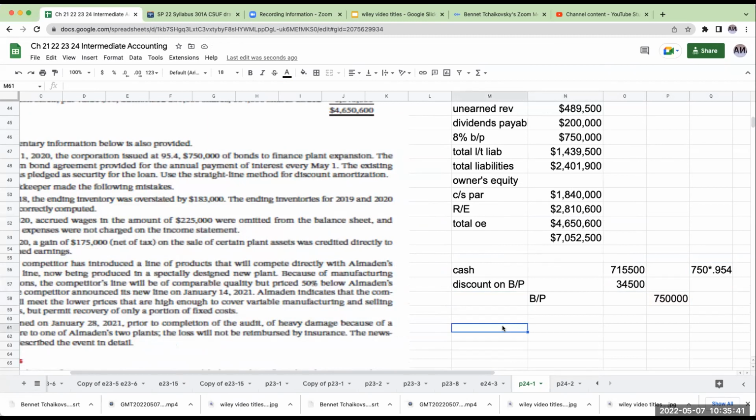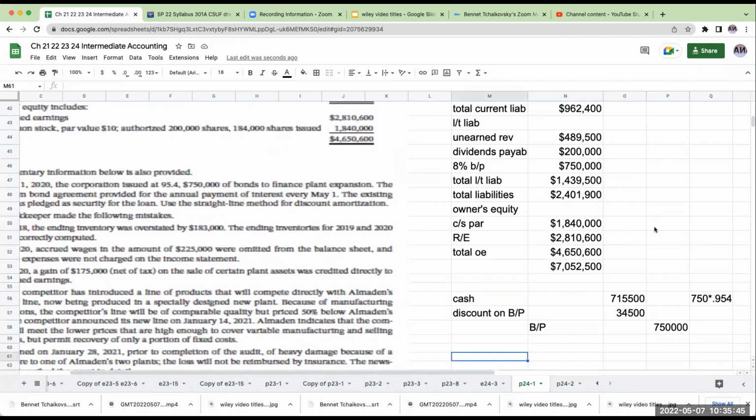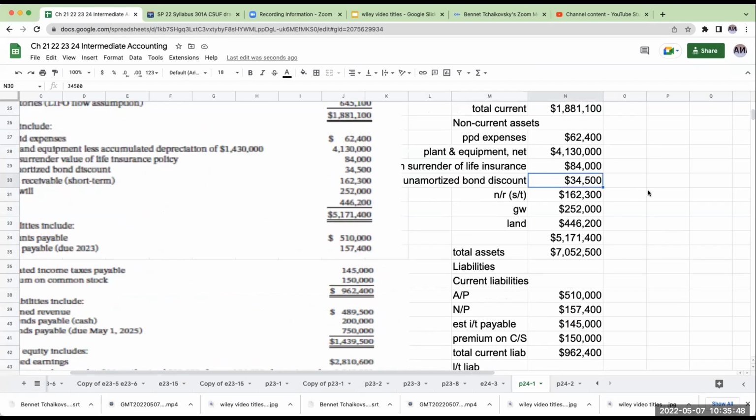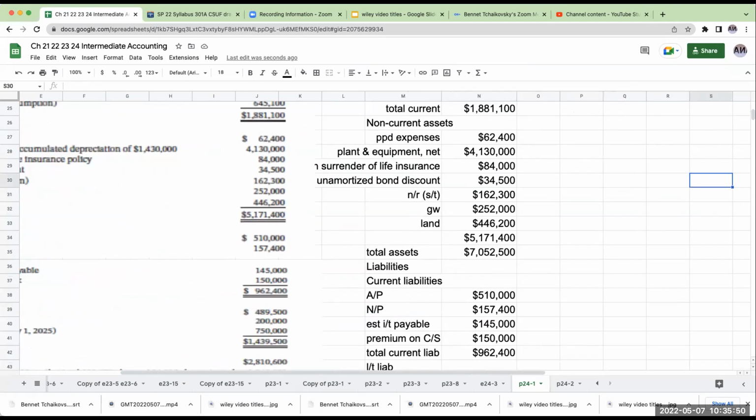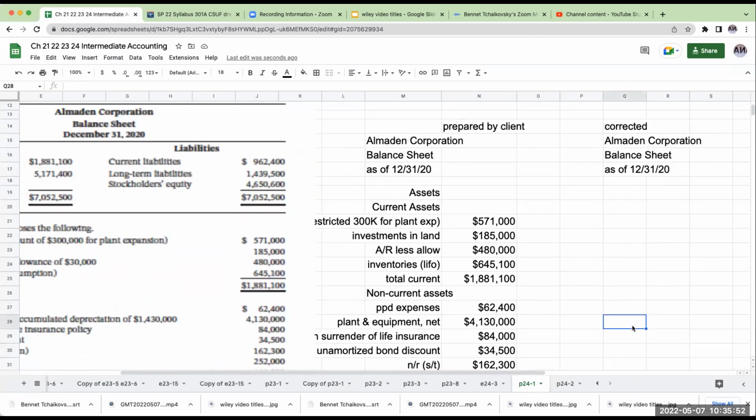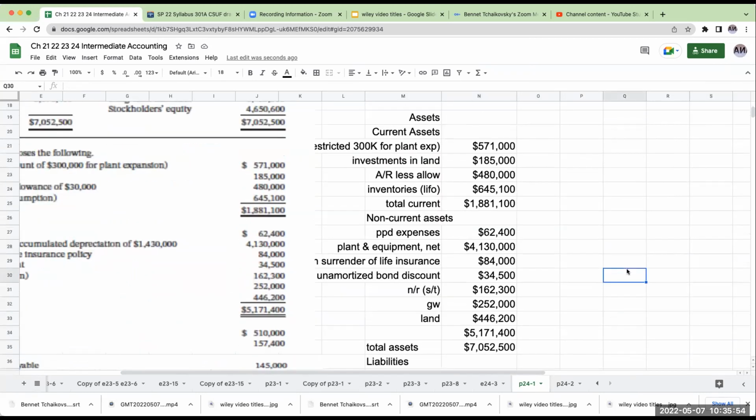Now, when it comes to the placement of the bond in terms of the discount on bonds payable, the first thing we probably want to go through and do is that this over here is going to be moved.